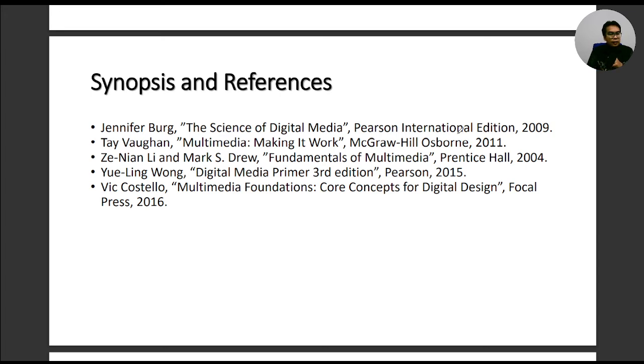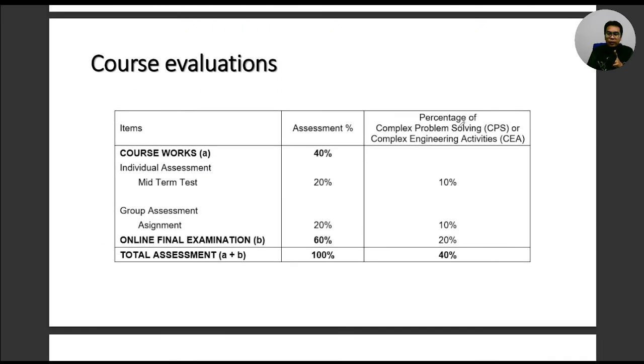Okay, so how do we evaluate the students throughout the 14 weeks? Forgive me, this could be amended. This time around, after the endemic, there is no more online term in all the assessment. We estimate the midterm as 20%, assignment 20%, forgive me for the typo, and final exam as 60%.